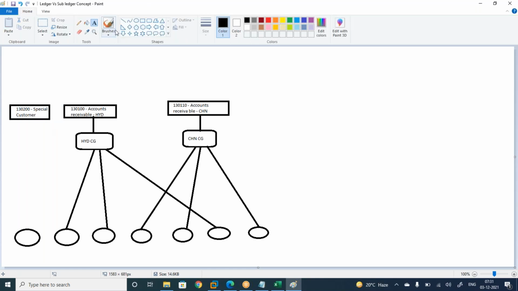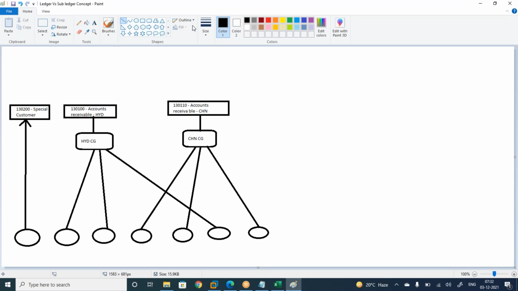You can create some special customer, and you can tag this customer to a ledger account directly, because the company wants to know about this specific customer for this account.